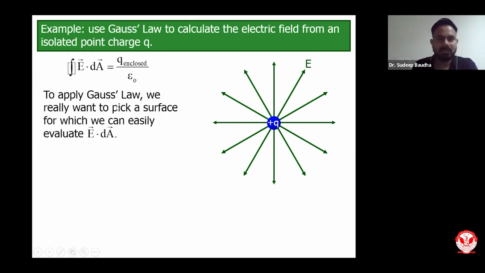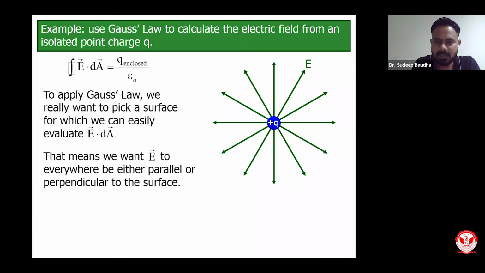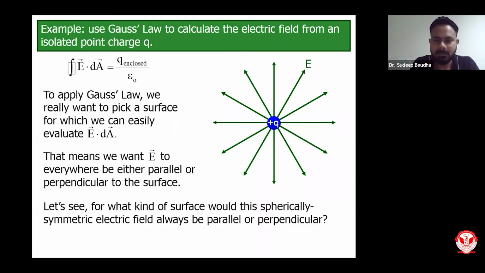For applying Gauss law, we want to pick a surface for which we can easily evaluate E dot dA, that is, the flux. So generally, we select a surface in such a way that it is related to the geometry.